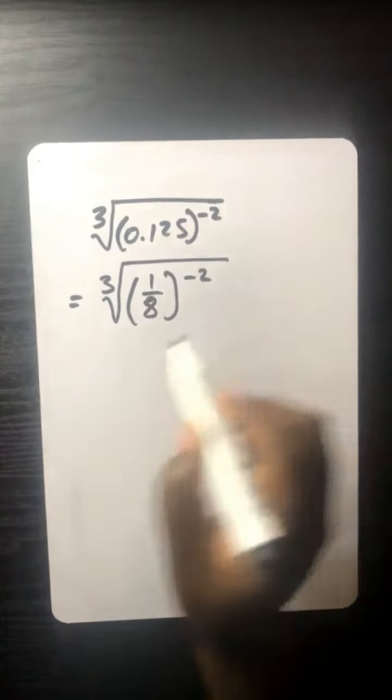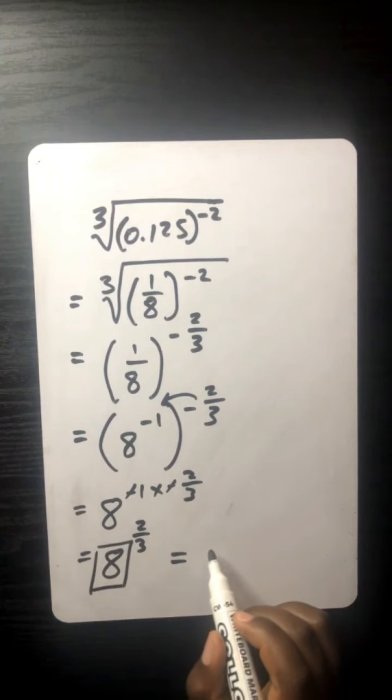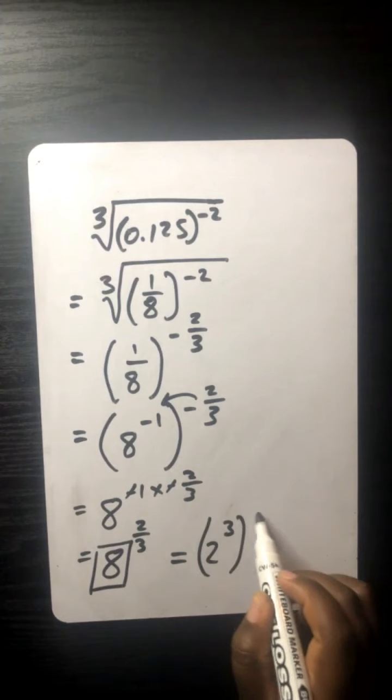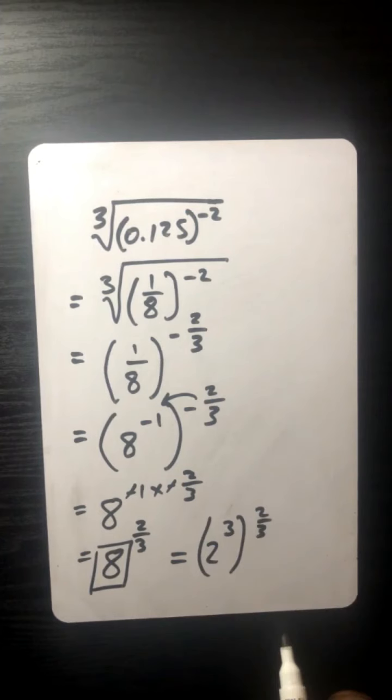This is the same as 8 to the exponent, that cancels, then 1 times that is 2 over 3. Remember, this can be further simplified as what? Is 2 to the exponent 3. This is 8. So you still have that exponent.